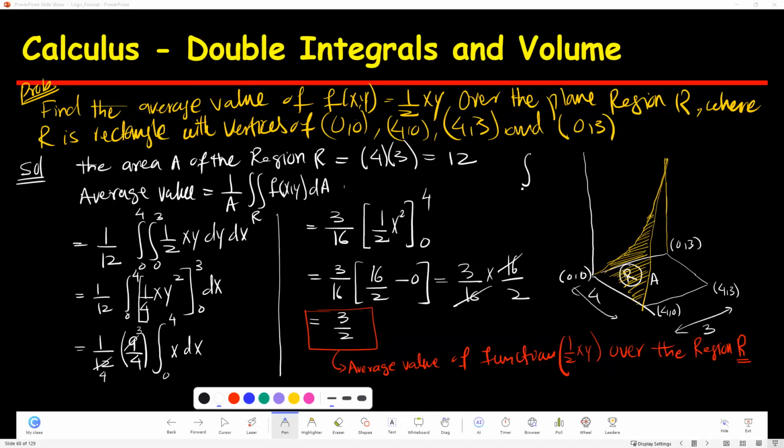You see, x equals 2 and x equals 5. The reason I'm writing like this is because when you take the integral, you have this kind of stuff, right? How do you know this 3 is a limit for x or a limit for y?